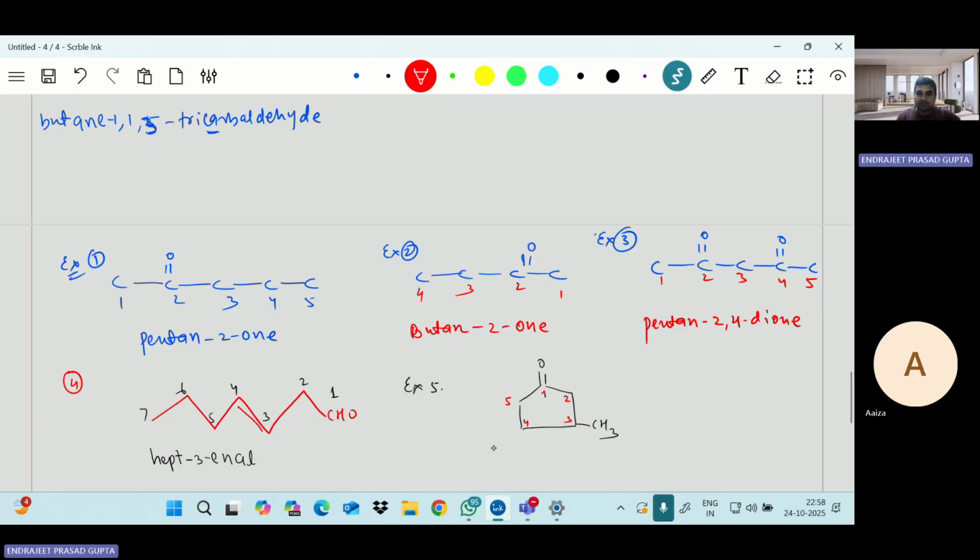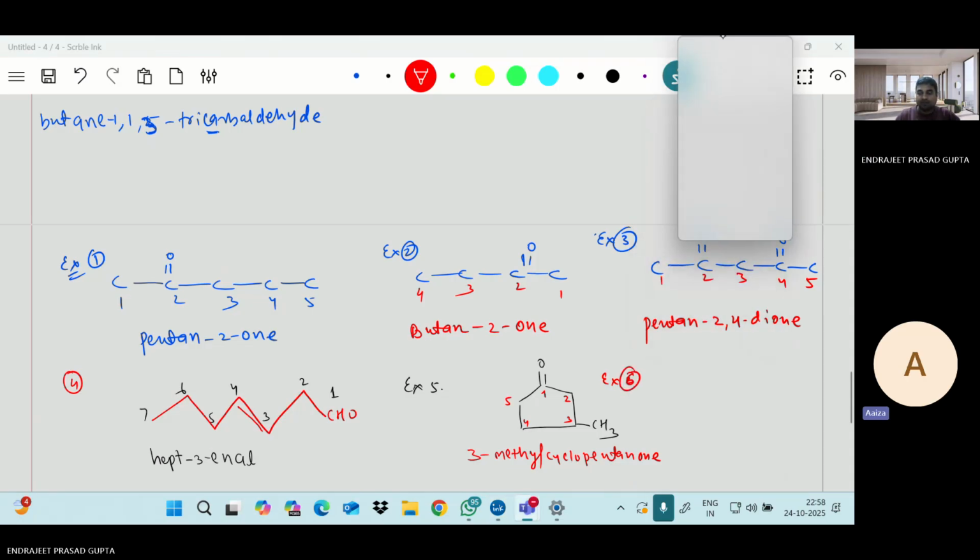So it will be 3-methyl, and is it pent or cyclopent? Cyclopent. Cyclopentanone. Am I clear? Yes.